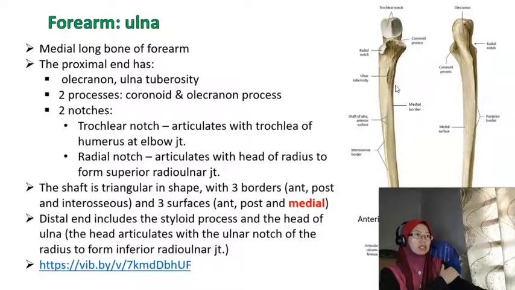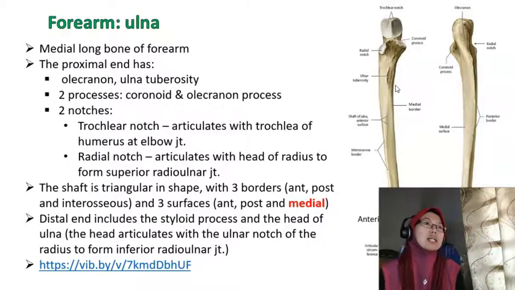Brachialis muscle is at the anterior compartment of arm, and it inserts partly at the ulnar tuberosity. Before this, radial tuberosity for biceps tendon and ulnar tuberosity for brachialis.